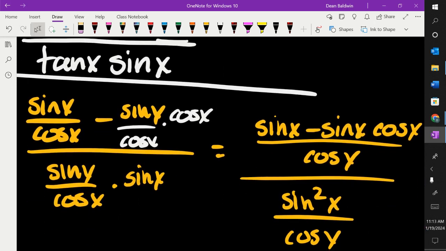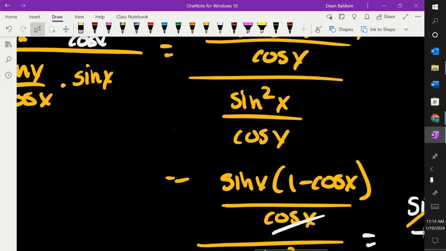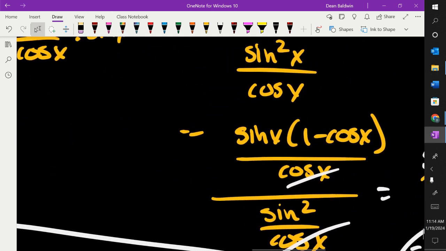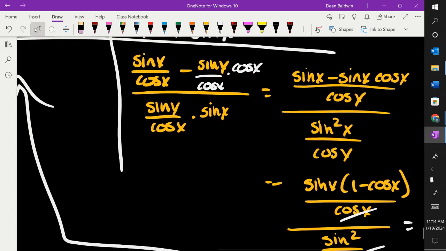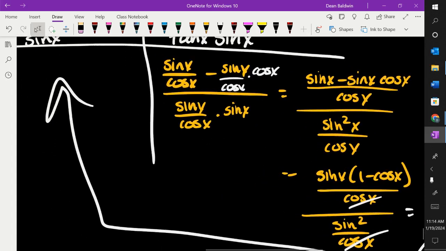So then you get this, because sine times sine is sine squared over cos, minus sine cos over cos. What happens to these cosines? They're going to cancel if you flip the denominator. So the cosines are going to go away, and you can factor a sine out. That's how I got this.